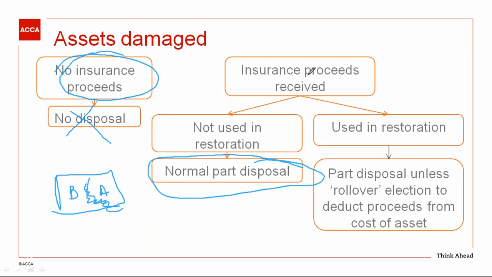However, if you are going to use your insurance money to bring back the painting to the condition that it was in prior to the damages, in that case, you can make an election to postpone the gain. We call it a rollover election, and don't think too much about it because this part will not be tested at the exam. Okay, right.